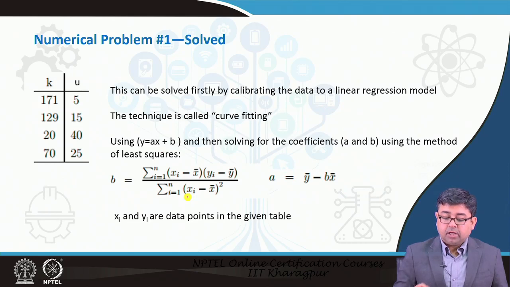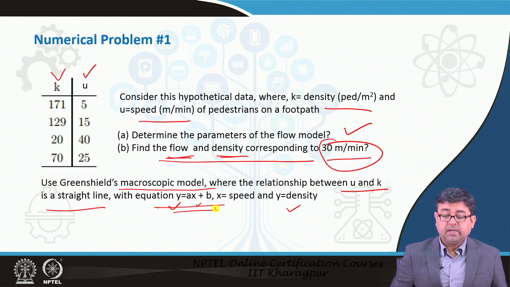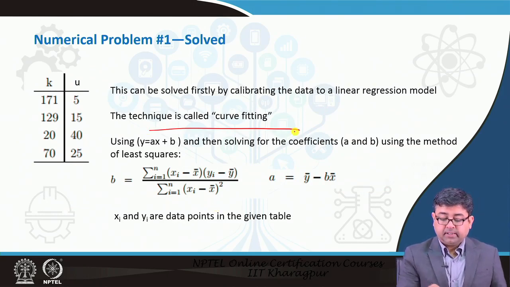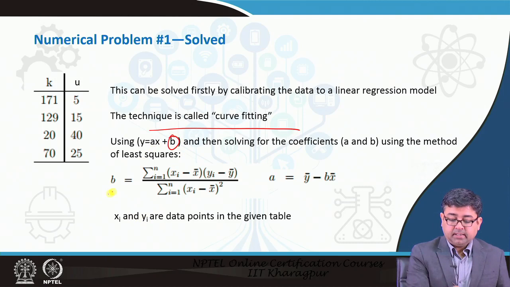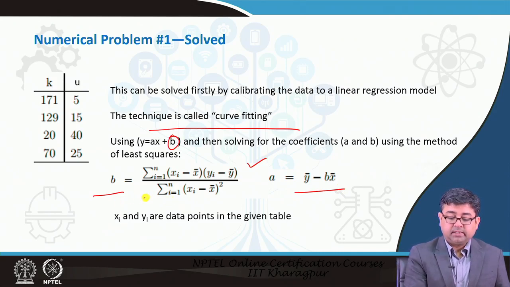and we all know how you can solve a simple linear regression equation of y is equal to ax plus b. It is done by a technique called curve fitting, where b is given by this equation and a is given by this equation. So, what are the elements of this equation?